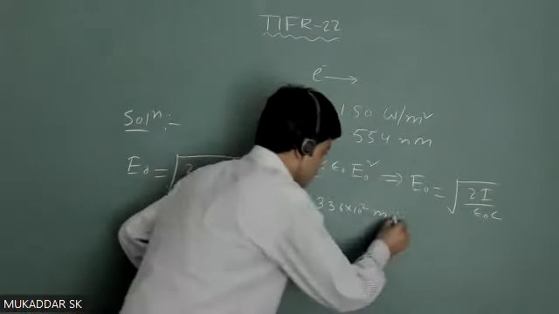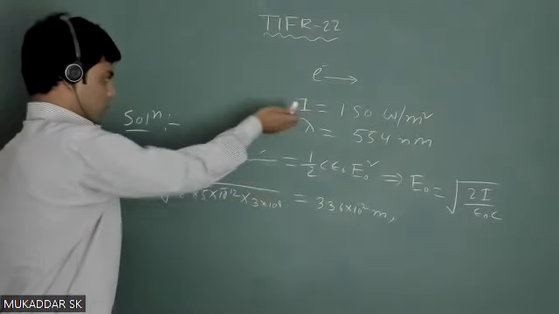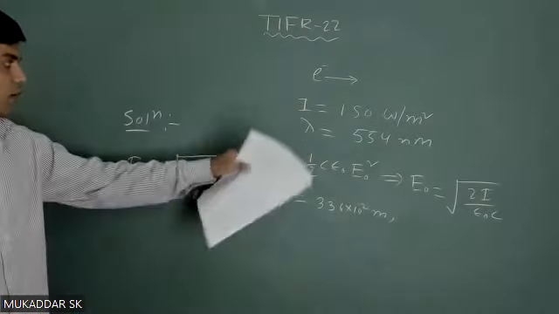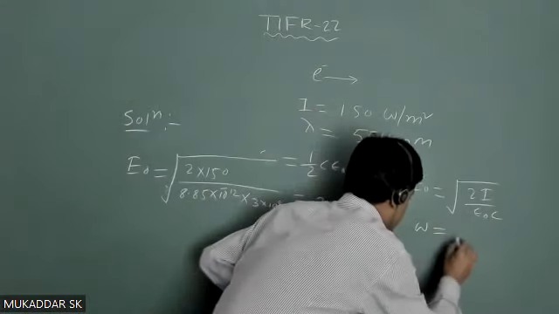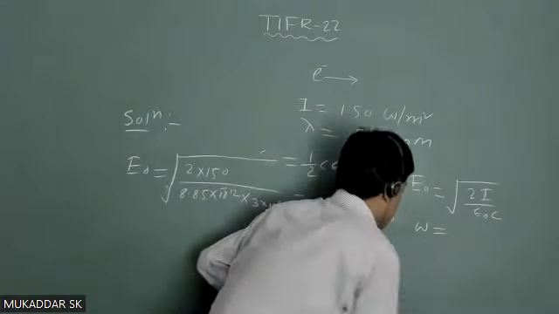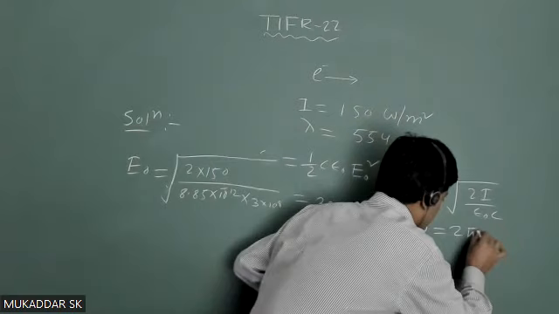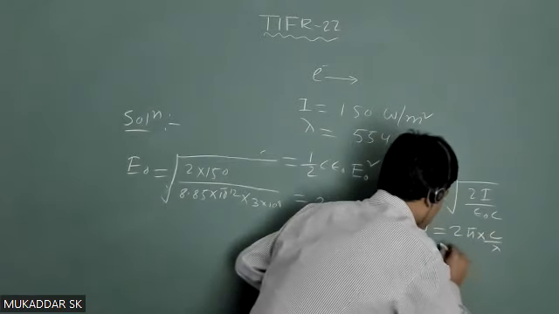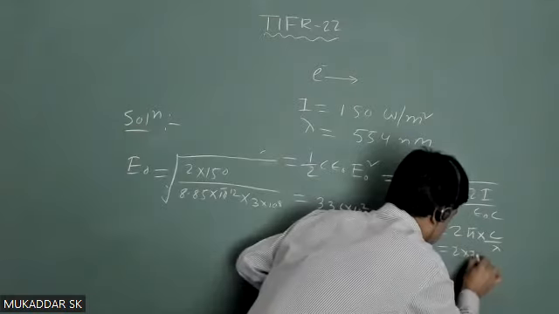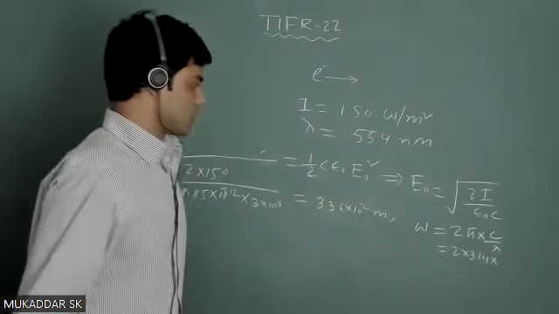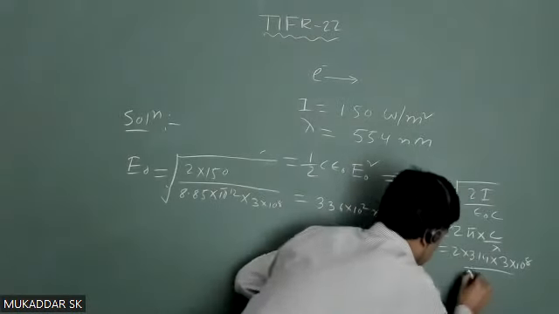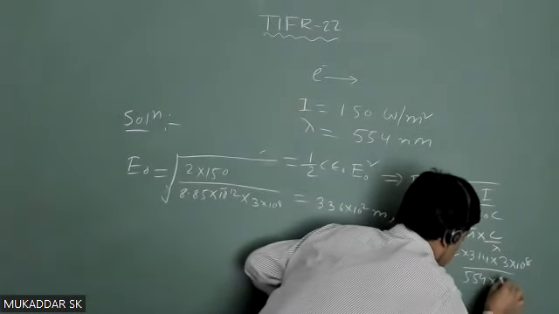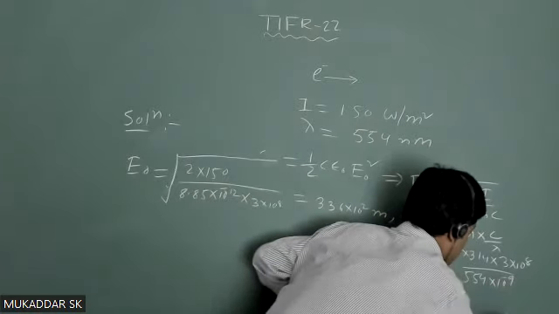Now we'll calculate the frequency of this electric field, or the frequency of this EM wave. We know the angular frequency omega is 2 pi nu, and nu is c by lambda. So 2 into 3.14 into the speed of light, 3 into 10 to the power 8, and lambda of this laser beam is 554, which in meter is 554 into 10 to the power minus 9 meter.